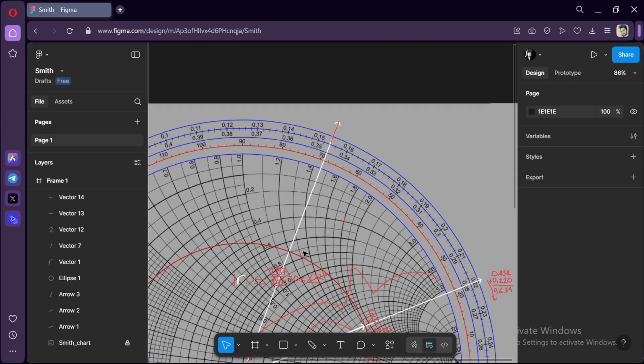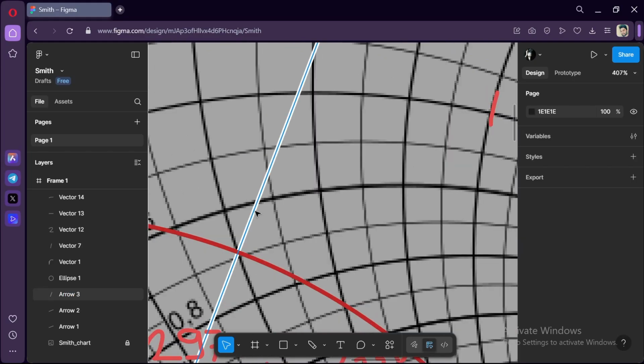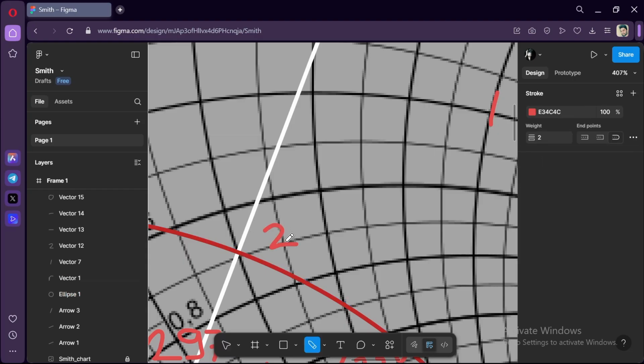So the intersection of this arrow and the SWR circle is our Z input normalized point. But it is asking for us not the normalized input impedance directly. So let's find this point, then we can easily go to Zi.